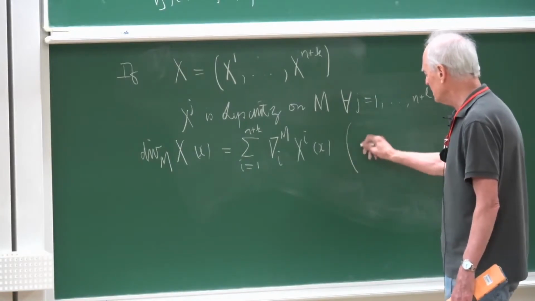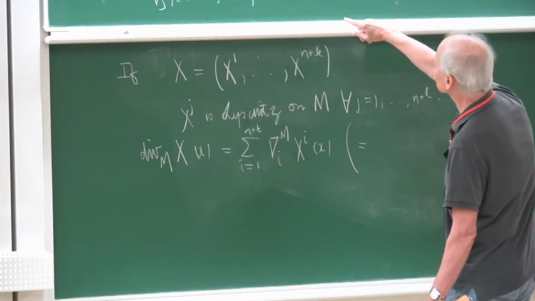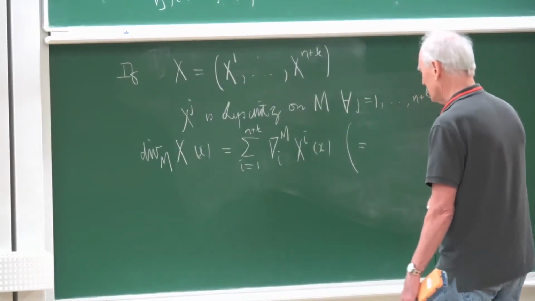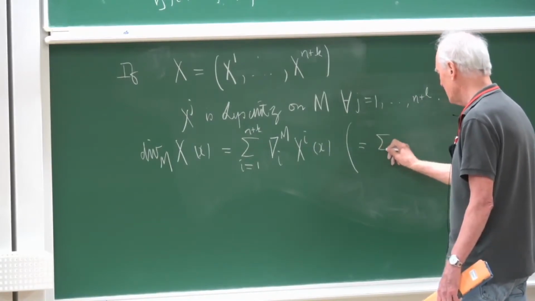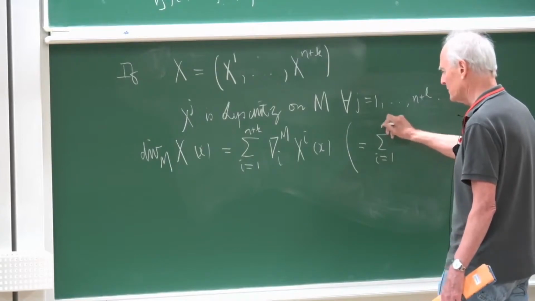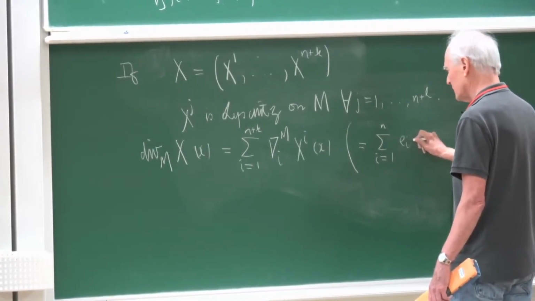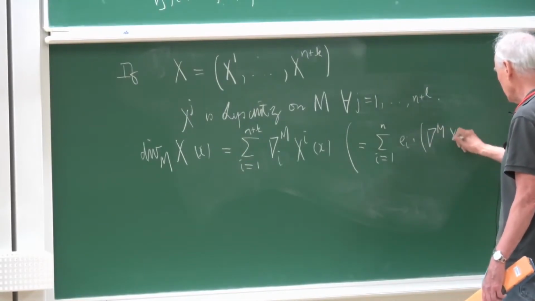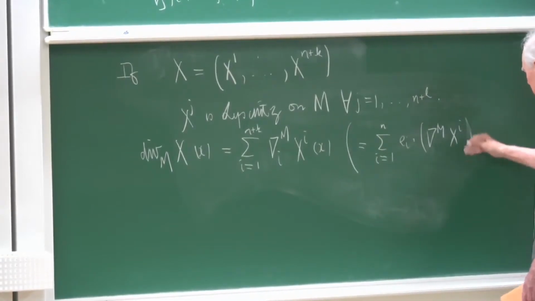And let's give an alternative description of this, because we know what grad_M x_i looks like. It's e_i dotted with grad_M, so this can be written as the sum i equals 1 up to n+k of e_i dotted with the gradient of the ith component, the gradient of x_i at x.